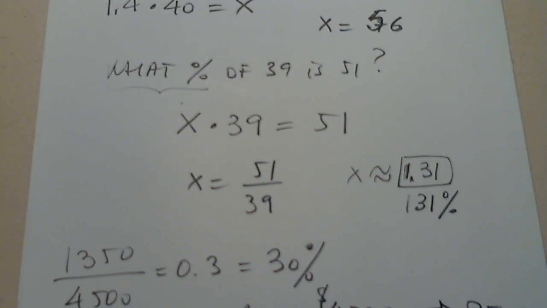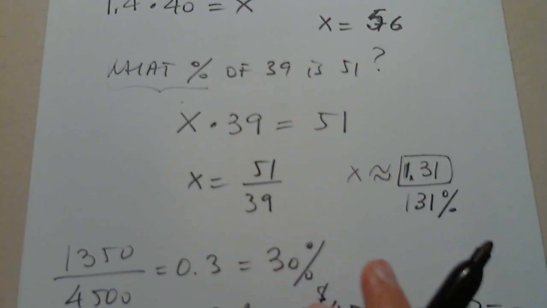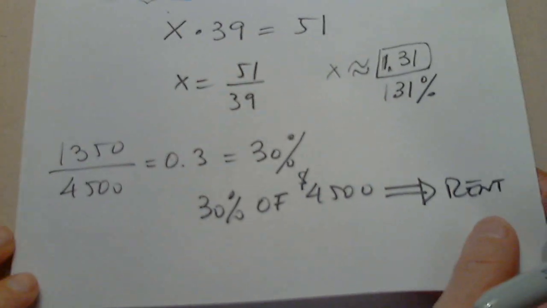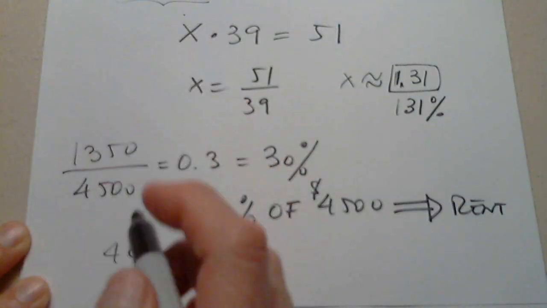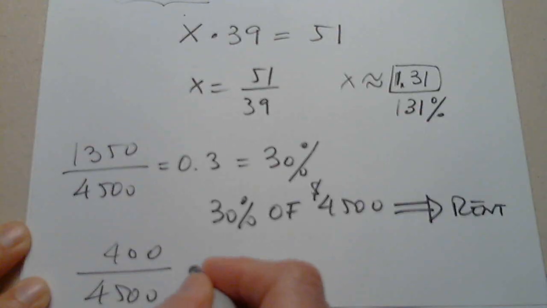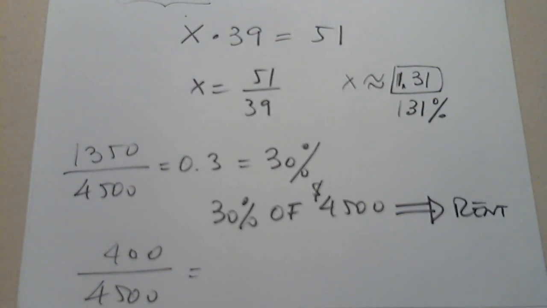So if I want to determine how much I spend on food, for example, if we spend, let's say, $400 and our salary is $4,500, this ratio will give us the percentage we spend of the total amount on food per month. So in my example, it's 400 divided by 4,500.